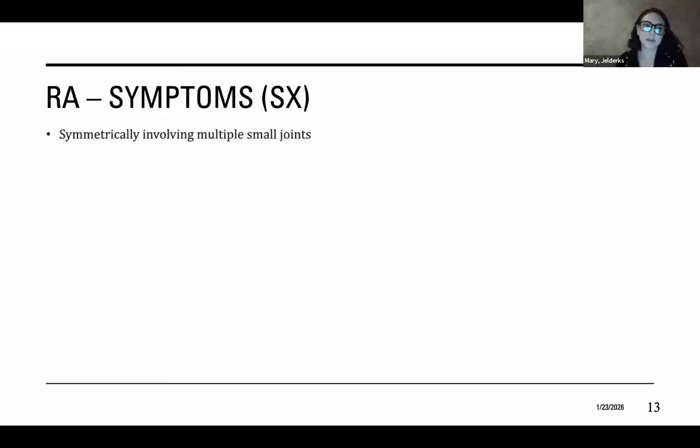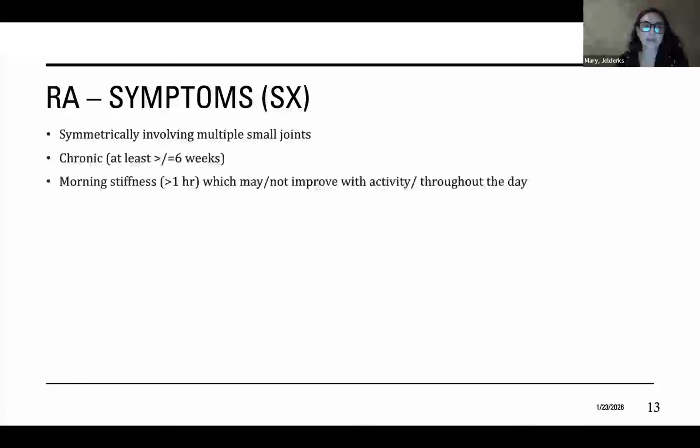Signs and symptoms. So symmetrically involving multiple small joints, typically in the hands and wrists. Chronic, meaning that symptoms have been lasting for 6 or more weeks. There tends to be morning stiffness, around an hour or more, which may or may not improve with activity or throughout the day.